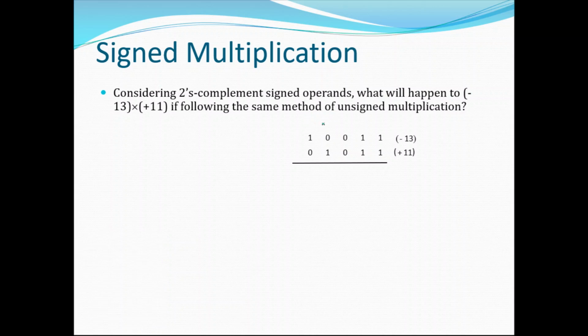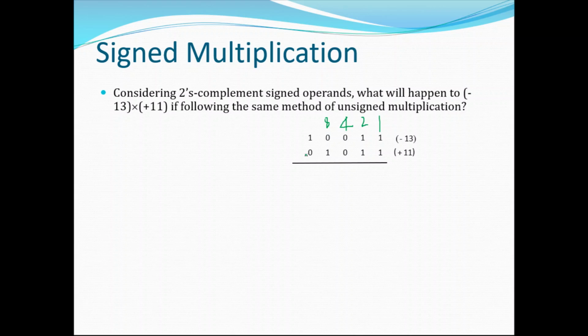It's a 4-digit number only. We are representing using 4 bits. That last bit, as it is a 2's complement, represents the sign of the number. So when you represent 11 in binary, you will get 1011. As the previous number has 5 bits, we added this 0 here.